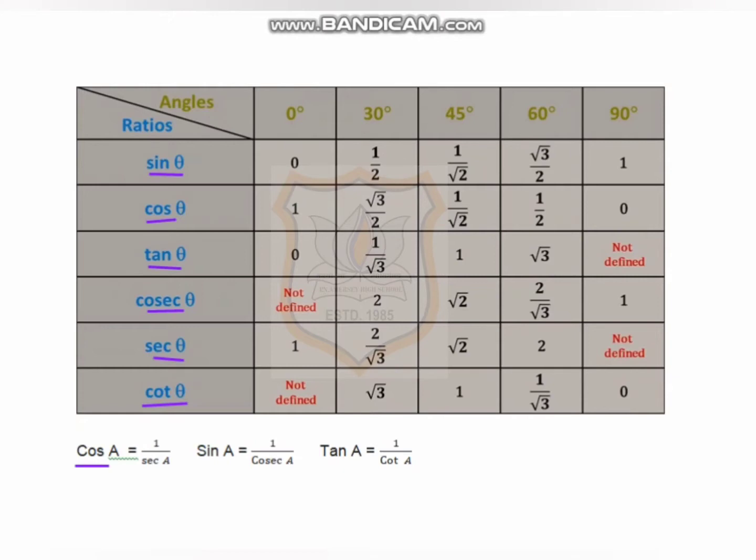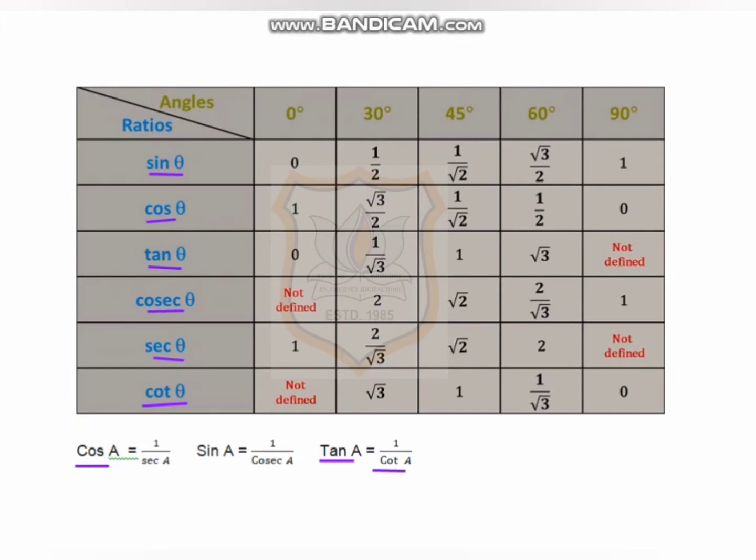Cos A is equal to 1 upon sec A, so I can say sec A is 1 upon cos A. Means cos is the reciprocal of sec and sec is the reciprocal of cos. In the same way, sine is the reciprocal of cosec and cosec is the reciprocal of sine. And tan is the reciprocal of cot and cot is the reciprocal of tan. Means we have to just reverse the value.